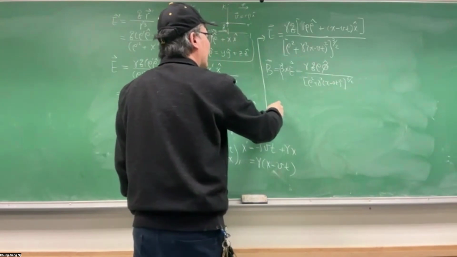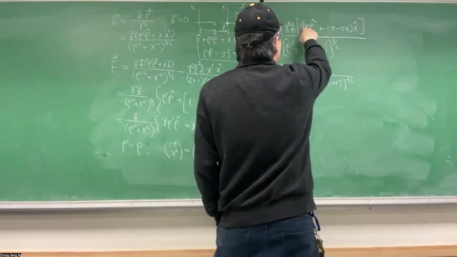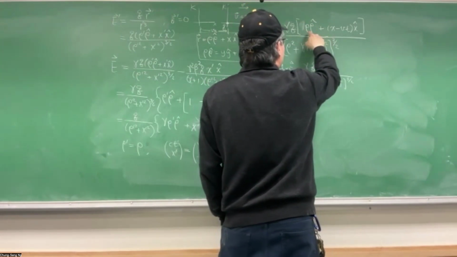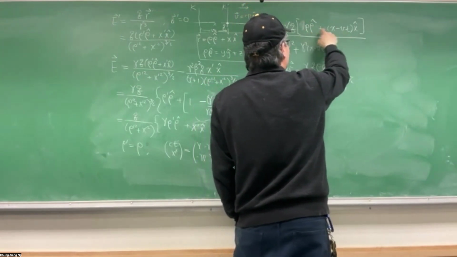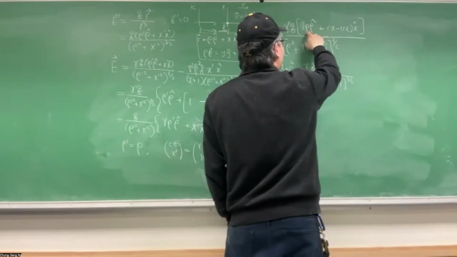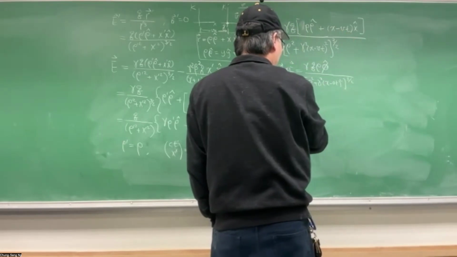And the direction of the electric field is simple actually, because it's the radial direction out of the position where rho is zero and x equals vt, which is the location of the charge.